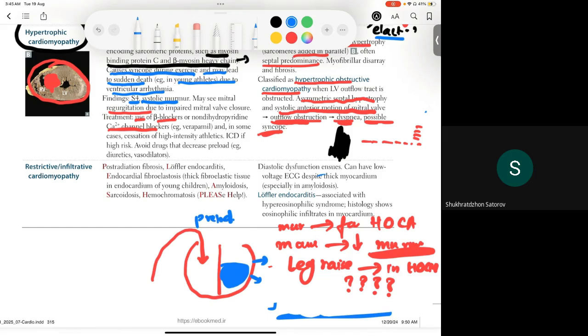So if a lot of blood is present, it means that this interventricular septum and the mitral valve cusp are going to move apart from one another. I think if they are moving apart from one another, the intensity should decrease. Why?